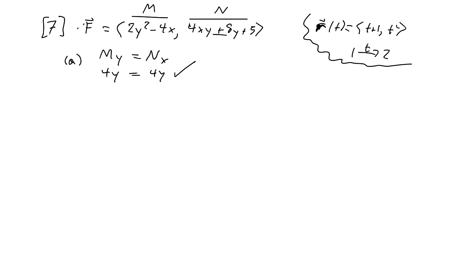If this had been a 3-dimensional vector field, you'd have had to check that the curl of F was equal to 0. So now let's see if we can find a potential function.